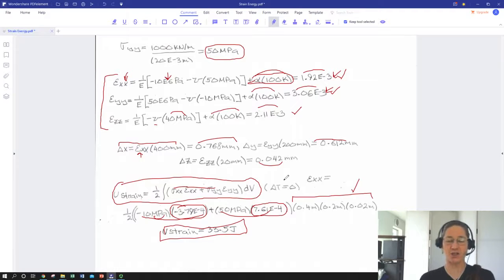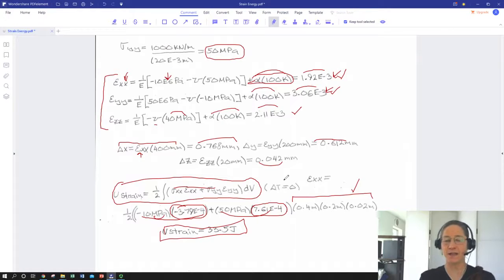We can envision a case where maybe we restrain something, put something in a vise and heat it up, and we don't let it move. In that case, theoretically, we could accumulate some strain energy. But what we would tend to do is maybe use a superposition type principle, where we would determine the free volumetric expansion that the body would have undergone, and then apply an equivalent compressive stress to get it back to that same volume that we made it stay at.